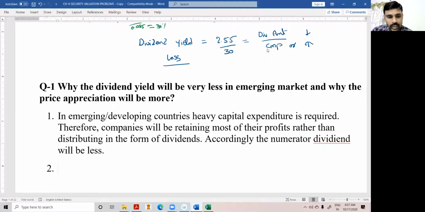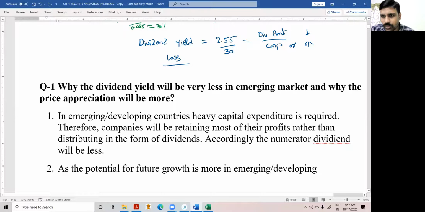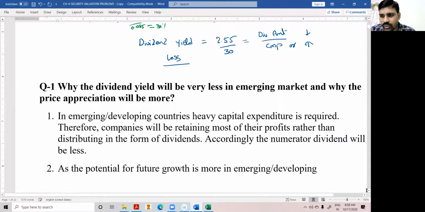As the potential for future growth is more in emerging or developing countries, because we are in the process of developing. We have not yet reached the maturity or saturation stage. So potential for future growth is more.